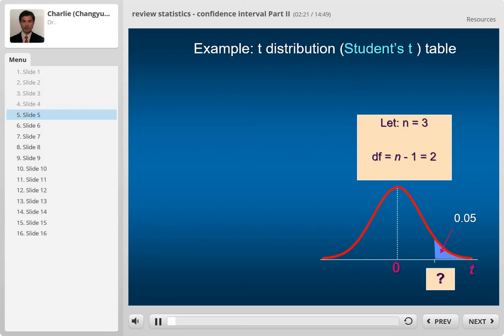Now here comes an example of t distribution. T distribution looks very similar to normal distribution. It works similar to normal distribution as well. So we're going to see a curve like this, and the area under the curve is the probability. Assume that in this example we have a tail here. The size of the tail is 0.05, and we try to find the value of this point on the axis.